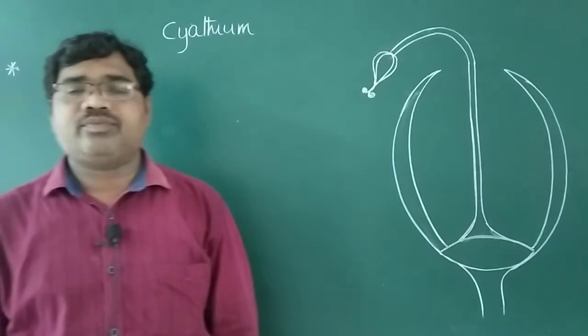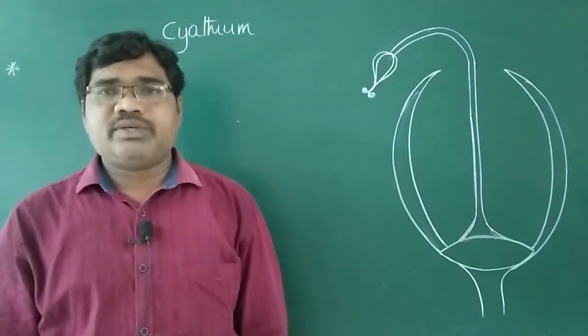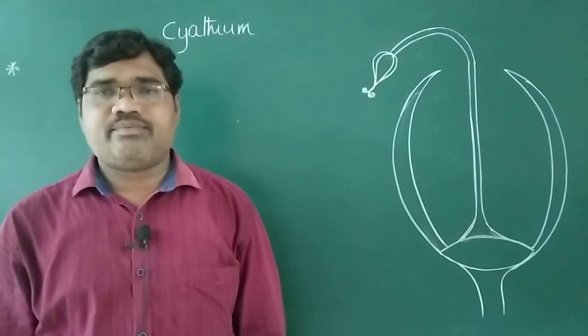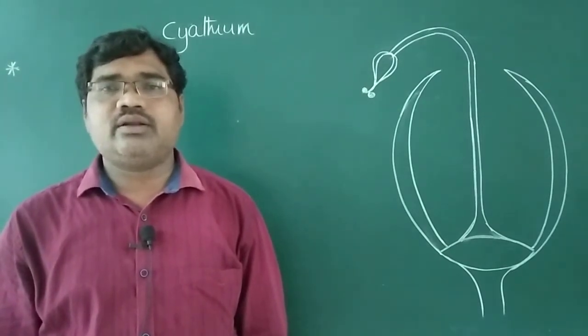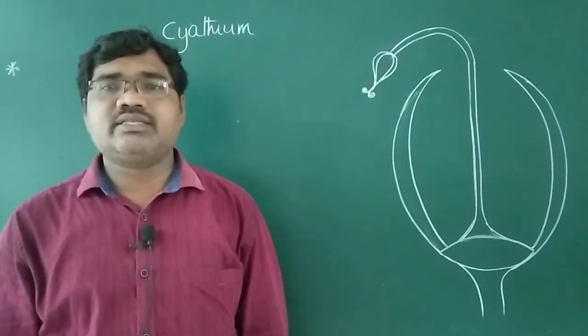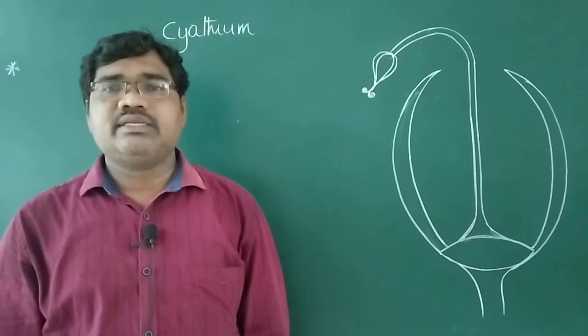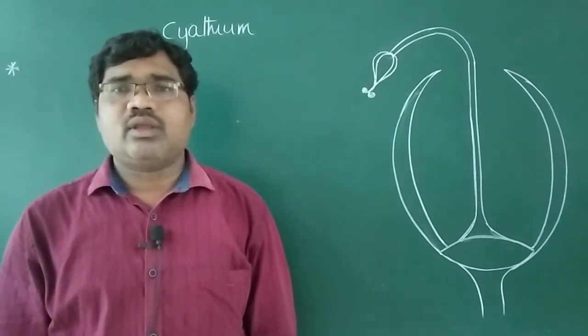Right. Today I am going to discuss the special types of inflorescence. Generally, there are three special types of inflorescence. The first one is verticillaster, the second one is cyathium, and the third one is hypanthodium.